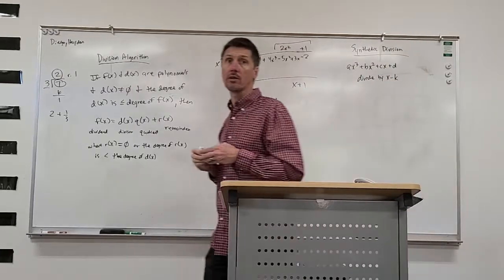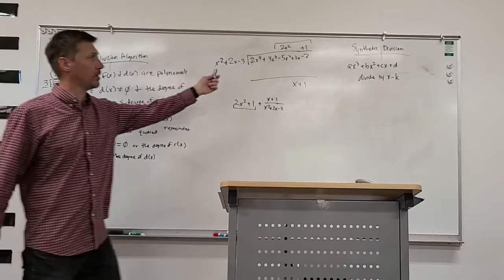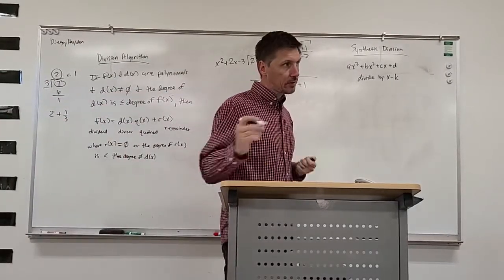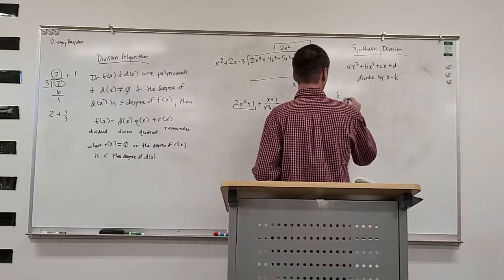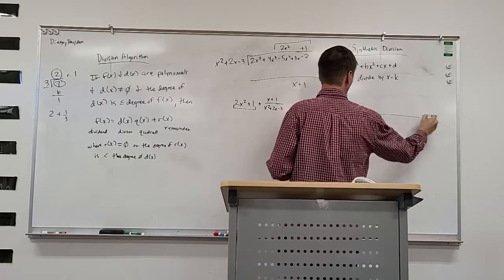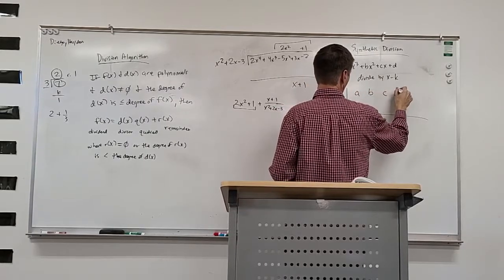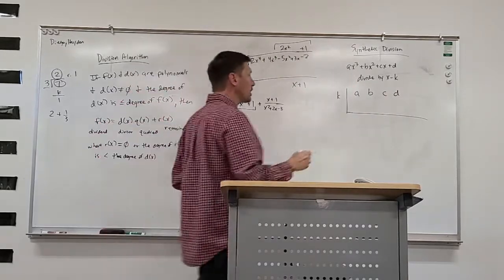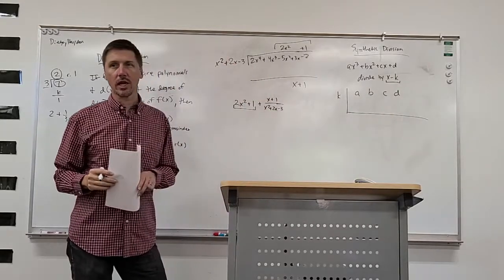You can use something called synthetic division, which is kind of a shorthand way to do what we're doing over here. The way that you do this is you take all of your coefficients from the original polynomial, and this only works whenever this term here is in the form of x minus k. What does that look like?